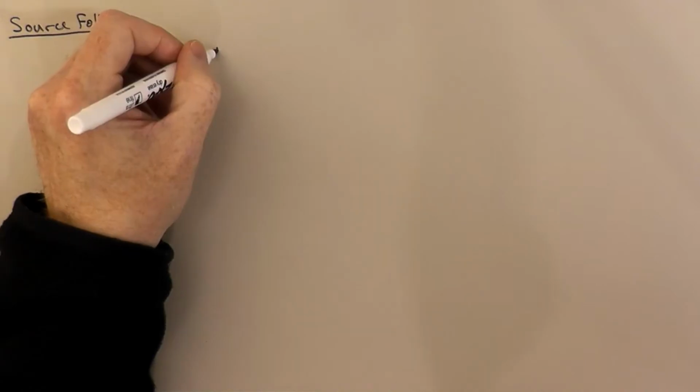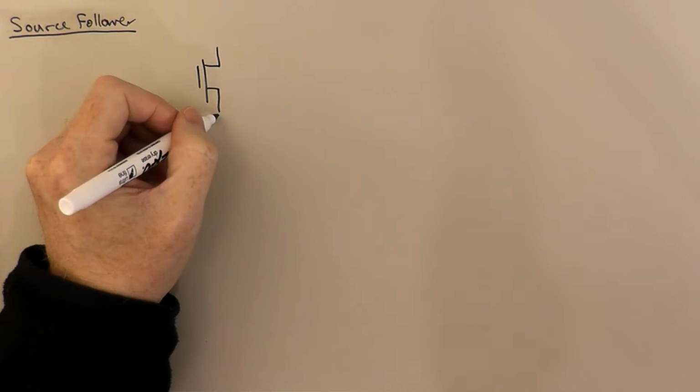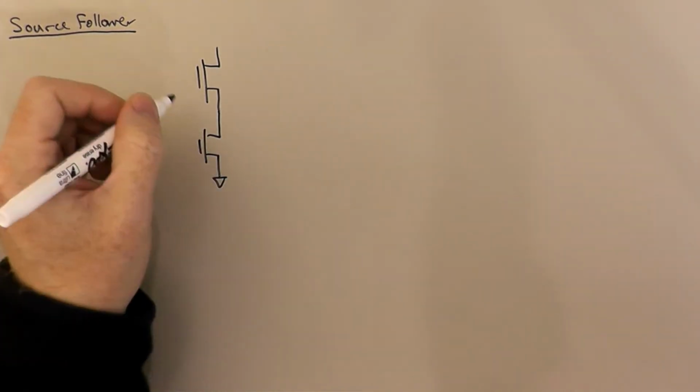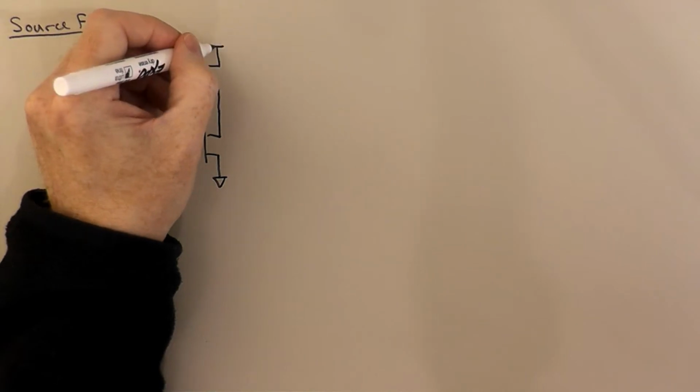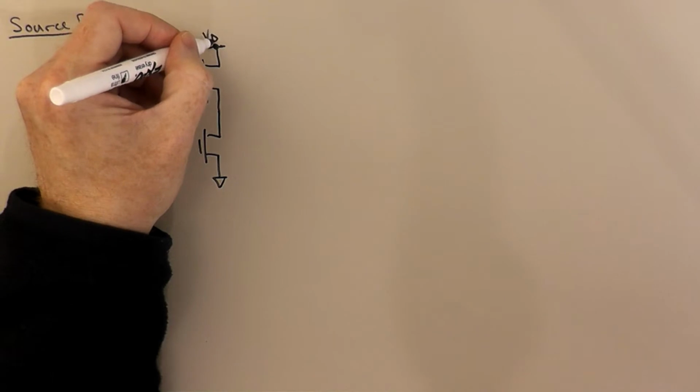understanding of how it works by way of analogy, but here we have two NMOS transistors connected together like so. We're going to have the drain of the top transistor connected to VDD, the positive power supply.